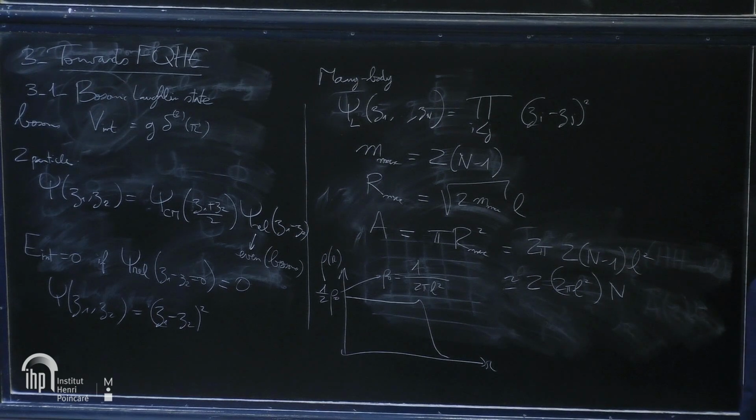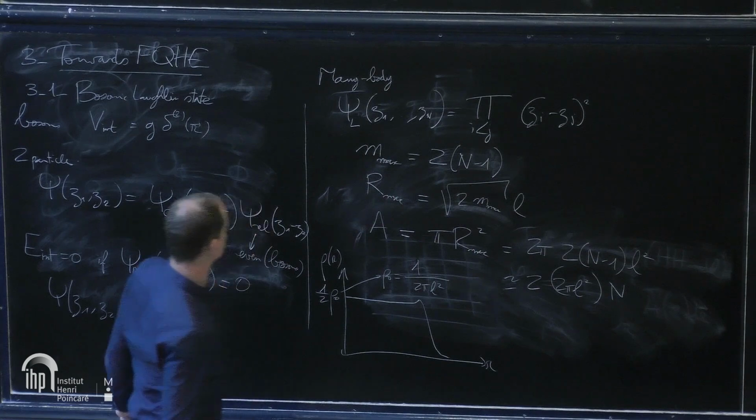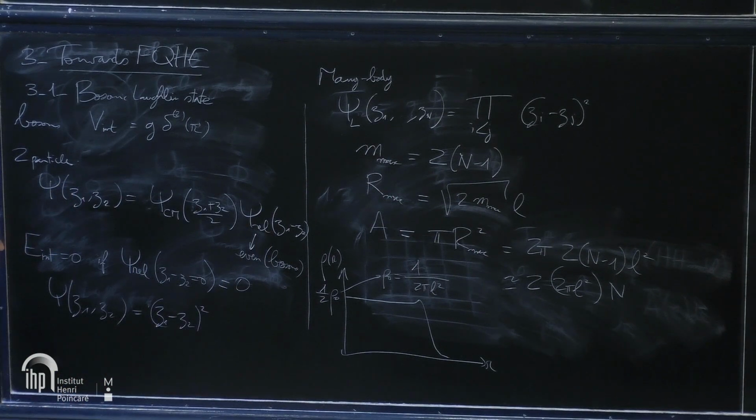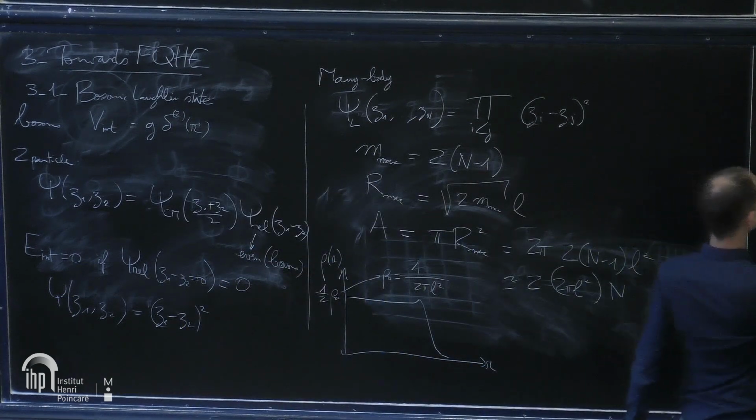Okay, so I will explain more properties in the following, but maybe with that I can already explain what is the state of the art in experiment. So very recently, there was an experiment in the group of Marcus Greiner that realized a Laughlin state made of two particles. So really a minimal version of a Laughlin state.